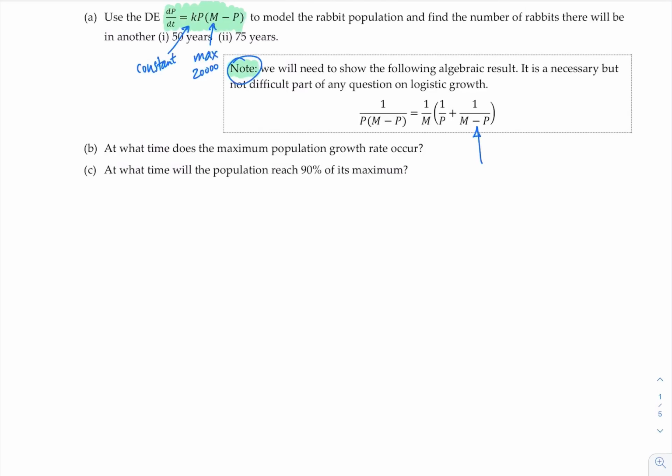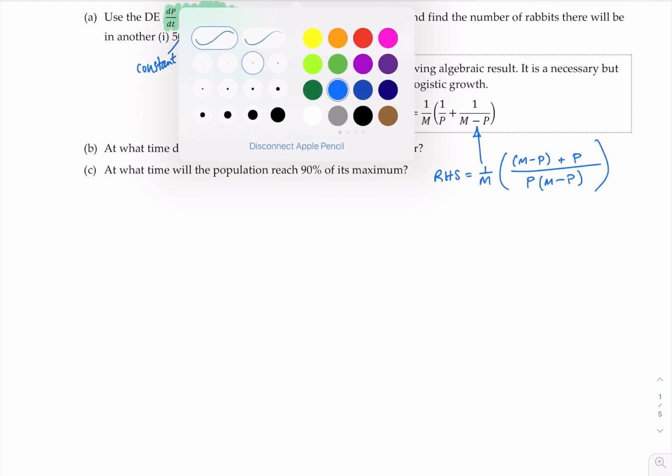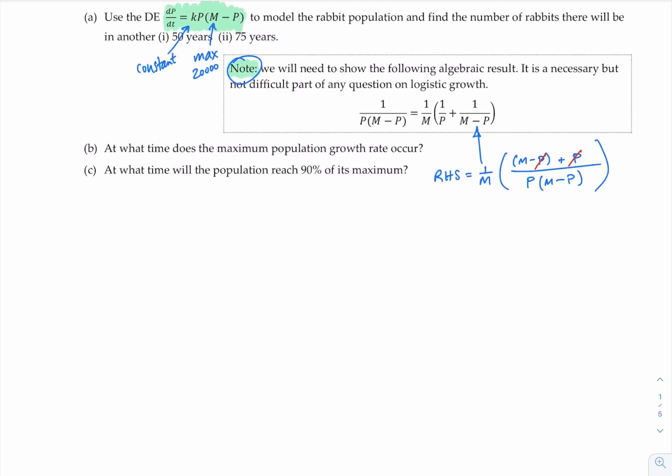So how do we show that? Well, the right-hand side is 1 on M, and now we'll have a combined denominator. We can cross multiply, so we've got M minus p plus p. All right, we get some cancelling there, and that's M remains there, p on p(M minus p), and now we get that cancelling.